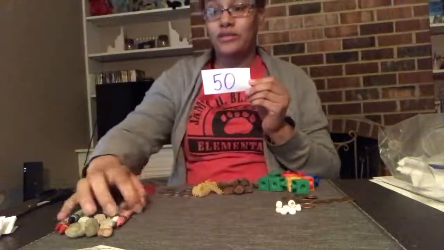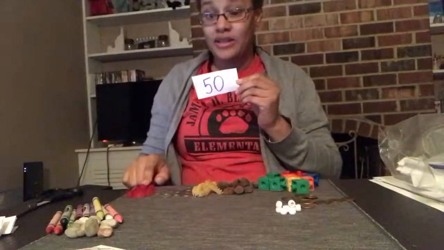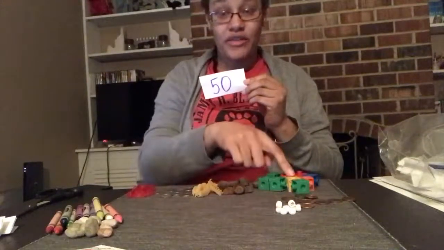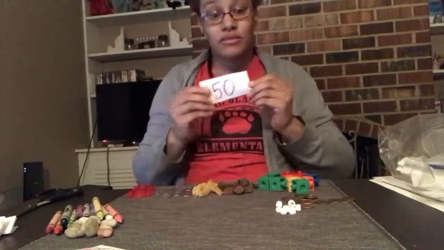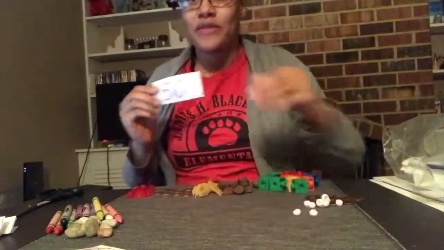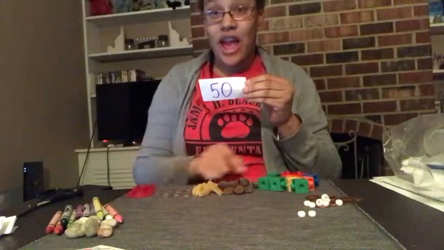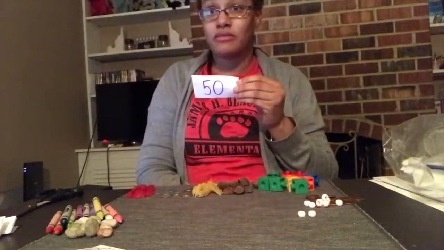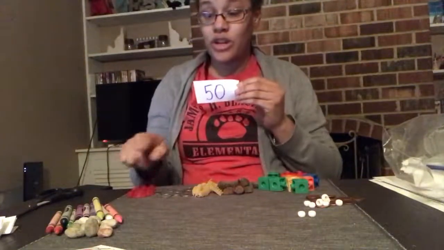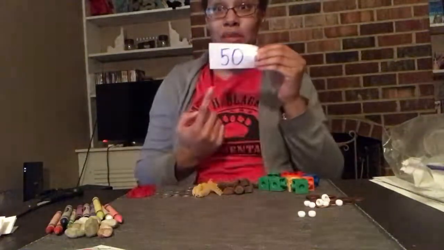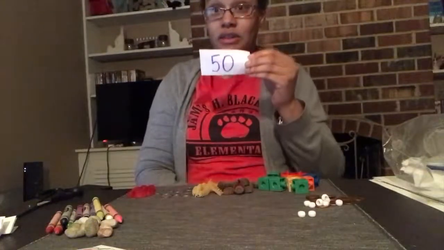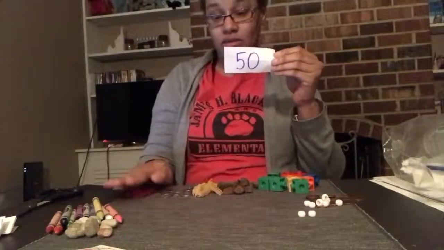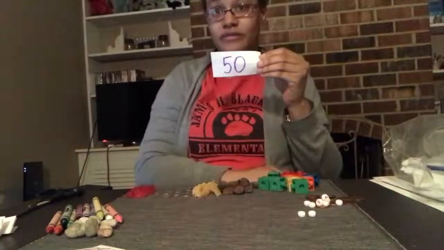So let's double check. 10, 20, 30, 40, 50. So how many groups of 10 should we have in our numbers, in our objects? Right, 1, 2, 3, 4, 5. It matches the 5 that begins with 50. 5 groups of 10. 1, 2, 3, 4, 5.